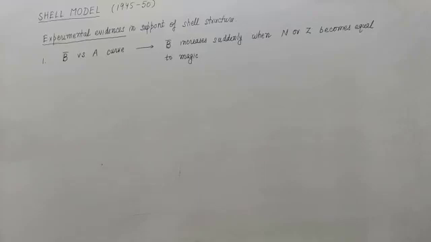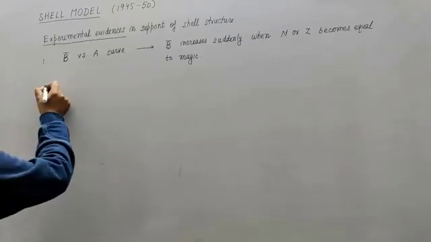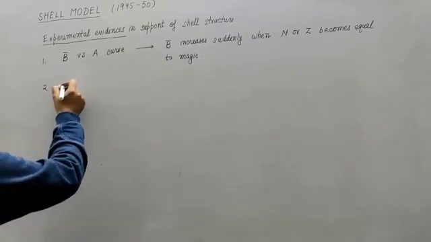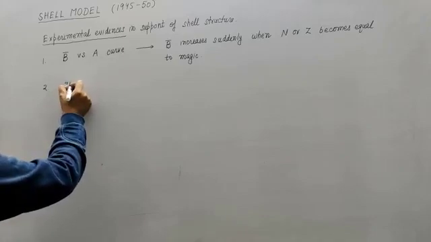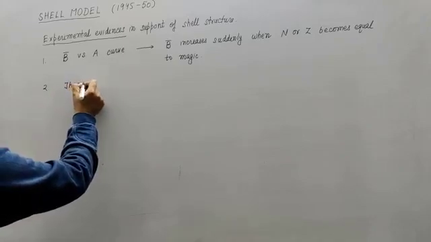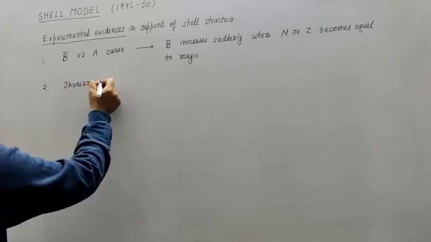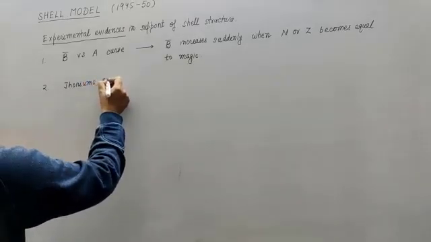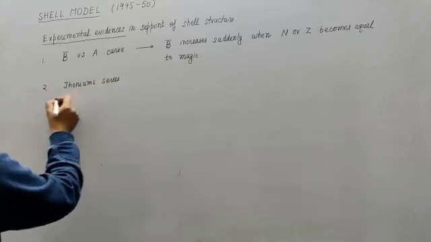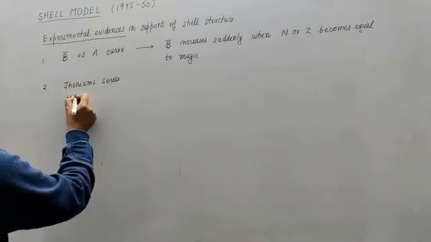Second evidence was in terms of radioactive series. We have 4 principal radioactive series. First is the thorium series, neptunium series, uranium series, and actinium series.